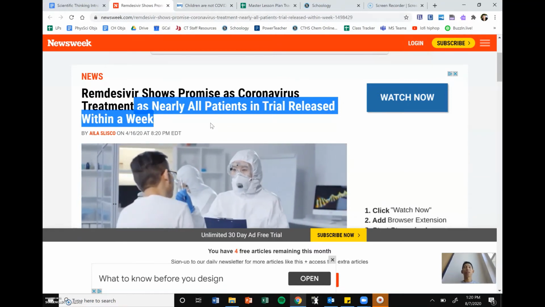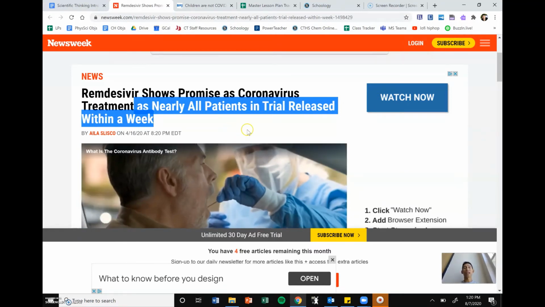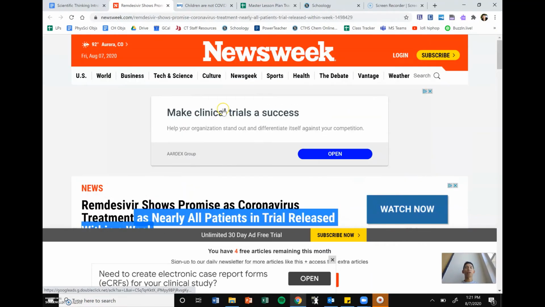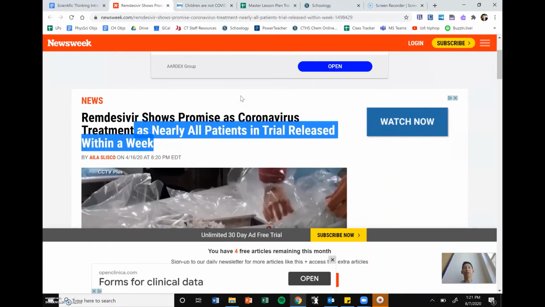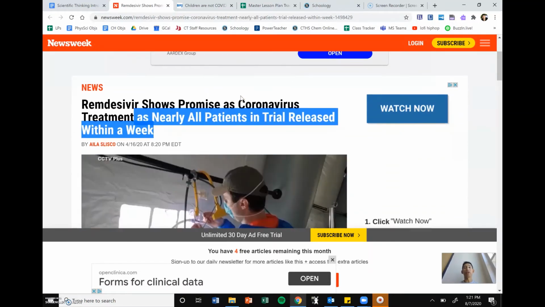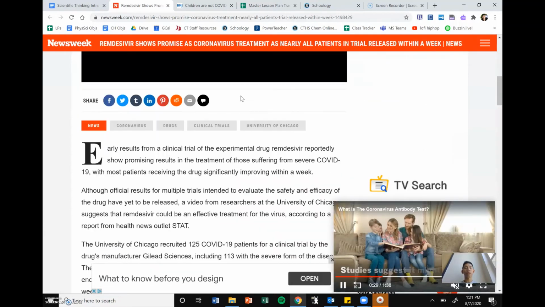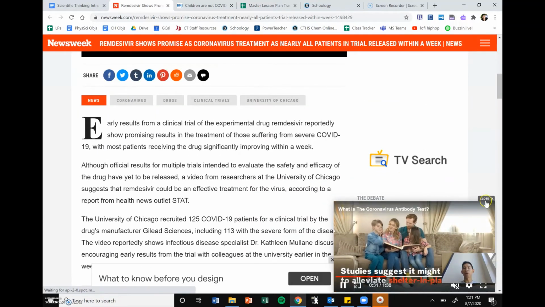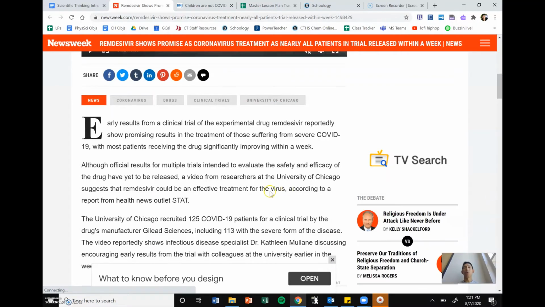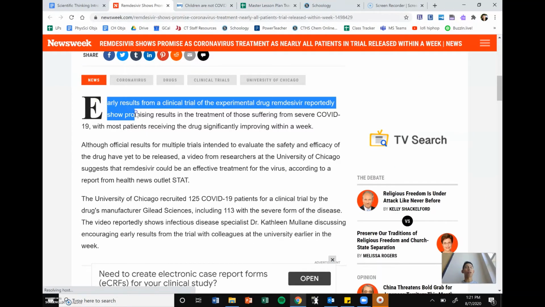Wow, that sounds really awesome. Well, let's take a look at the source. The source is Newsweek, and they make a magazine. And they also have an online site. So this is basically a news site. Now let's take a look at the actual article so that we can discern whether or not it's trustworthy.